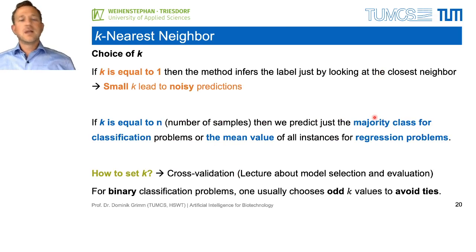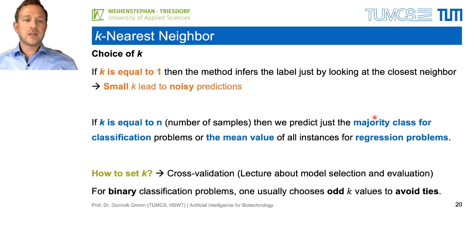That's a very interesting question. For example, if we look at the extremes of k, if we set k equal to 1, then we only look at the closest neighbor. And this very often leads to noisy predictions, because we just infer the label by looking at our neighbor, and we ignore all other data points.